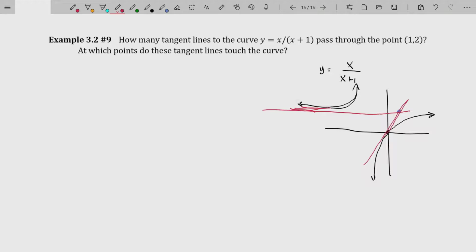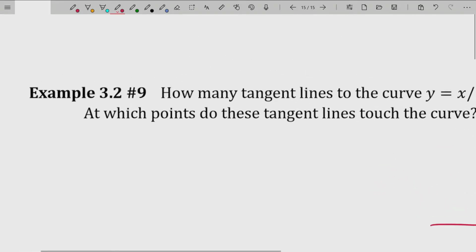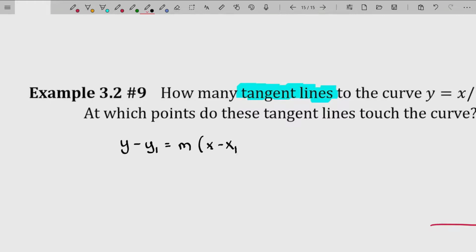All right, so now let's talk about the words here. Tangent line. All right, well, if I need a tangent line, I need the equation of a tangent line. And the equation of the tangent line is always y minus y1 is equal to slope times x minus x1. And the slope is actually the derivative of that curve at that point.